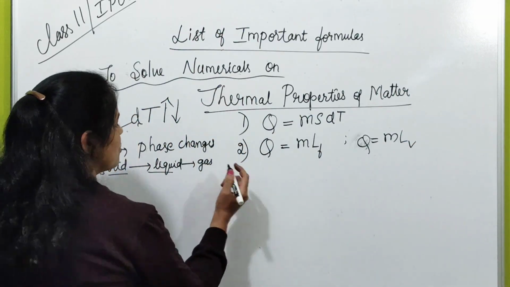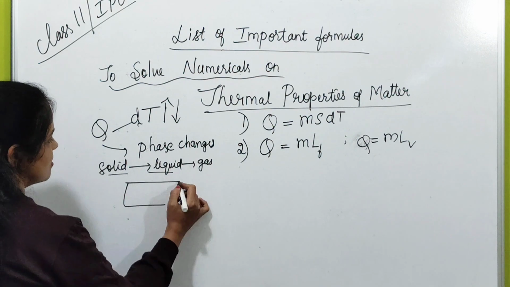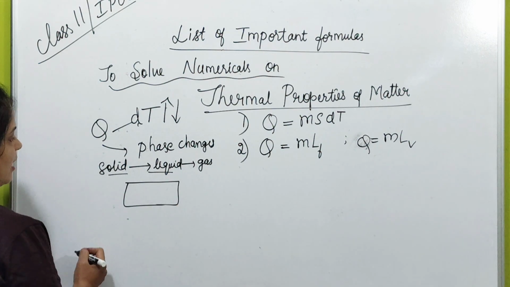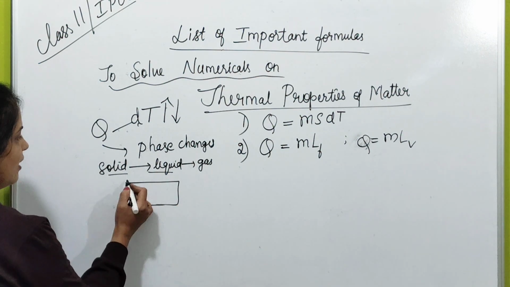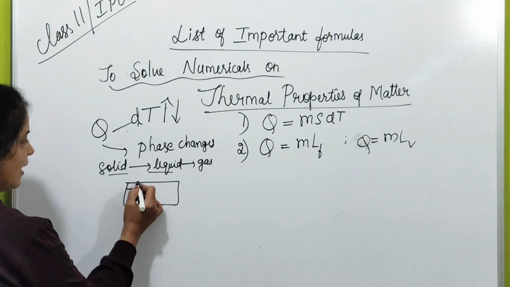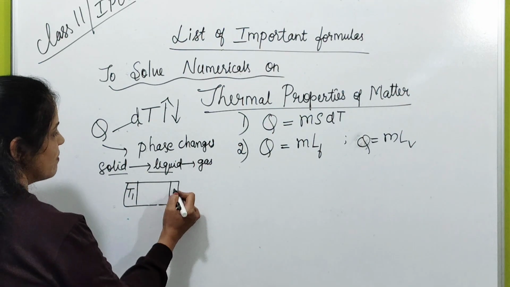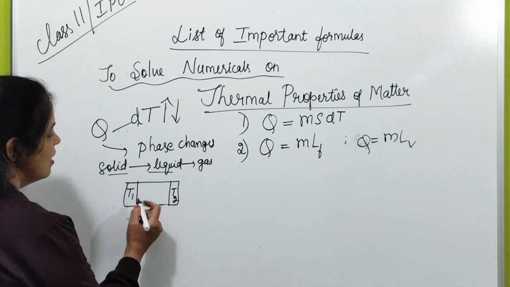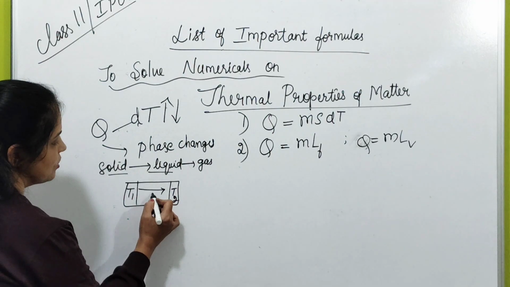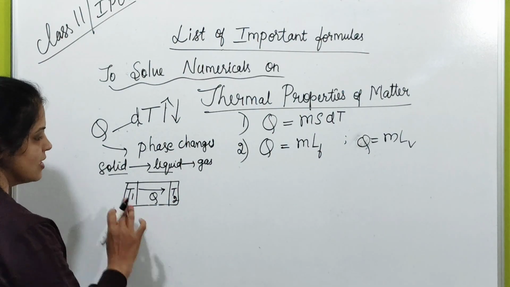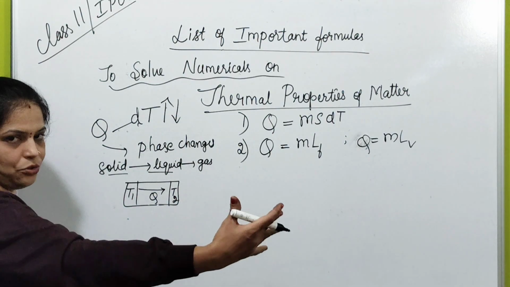Now if you have a solid body that is heated, with one end maintained at higher temperature and another end at lower temperature, then heat is conducted through the body. Heat always flows from higher temperature to lower temperature.